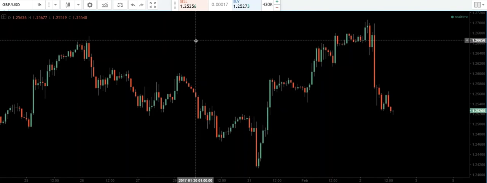Now, the area in which you need to be cautious is when there is low volume, okay? If you are trading during, say for example, the Sydney session, and you're trading with a broker that doesn't specialize in Forex, and you simply enter a market order, you may find that you get a fill that's pretty far off from where you thought you were actually going to get into that trade.